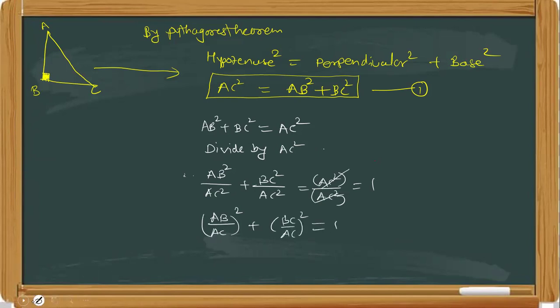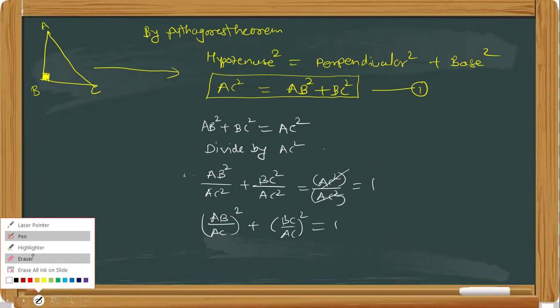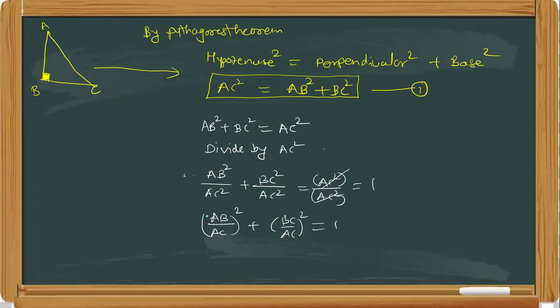Now tell me what this ratio is according to this triangle. What is this ratio called in terms of sine and all ratios? Is it cot? Is it cosec? What is this ratio in trigonometry?